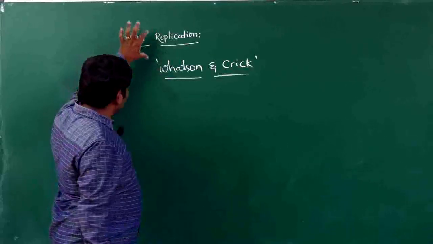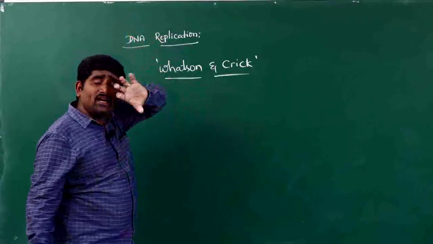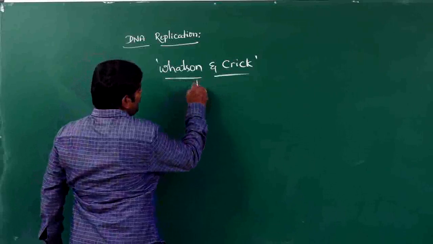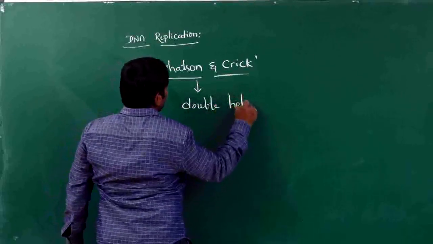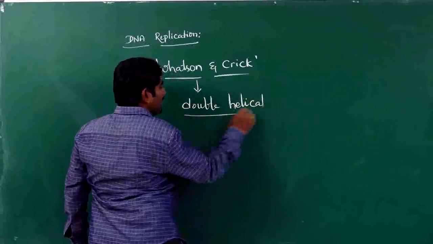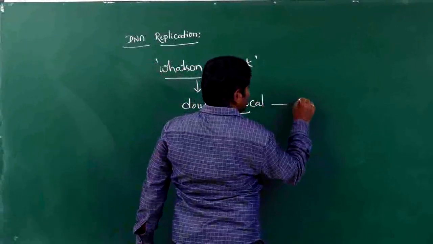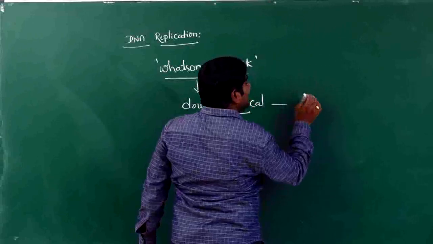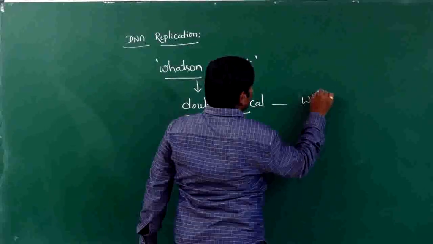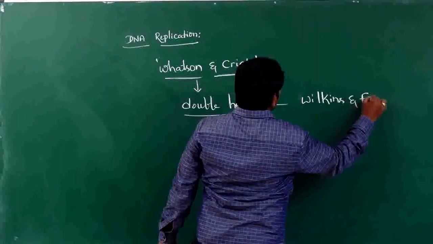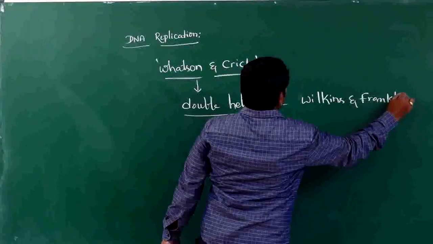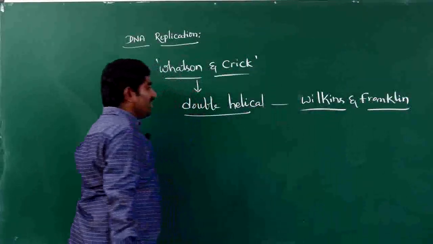Watson and Crick discovered the double helical structure of DNA on the basis of the X-ray diffraction data given by Wilkins and Franklin.